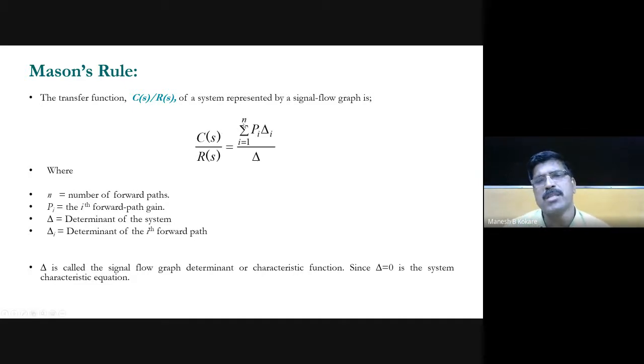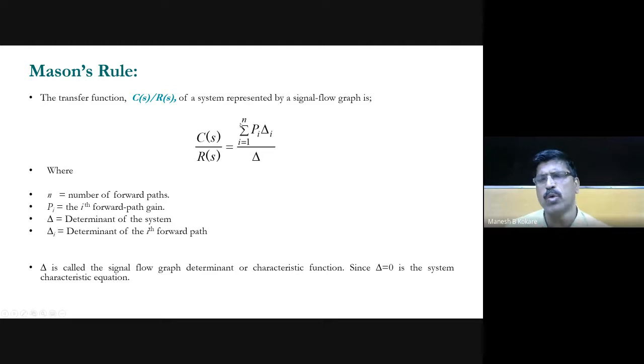So n basically means how many forward paths there are. In the earlier problem that we studied, there were 3 forward paths, so the value of n will be equal to 3. So n is decided by how many forward paths there are in a given problem. n is nothing but the number of forward paths. So if it is 3, it will be i equal to 1 to 3.